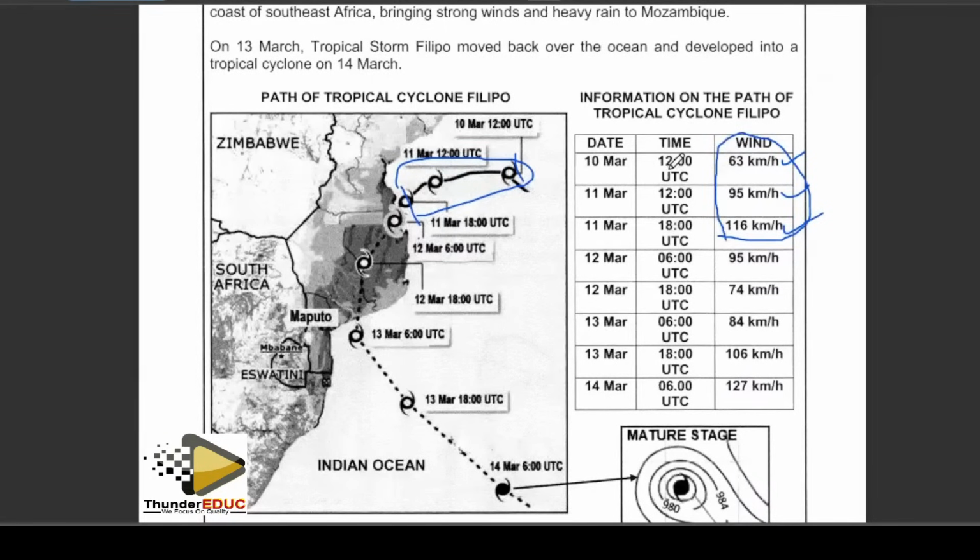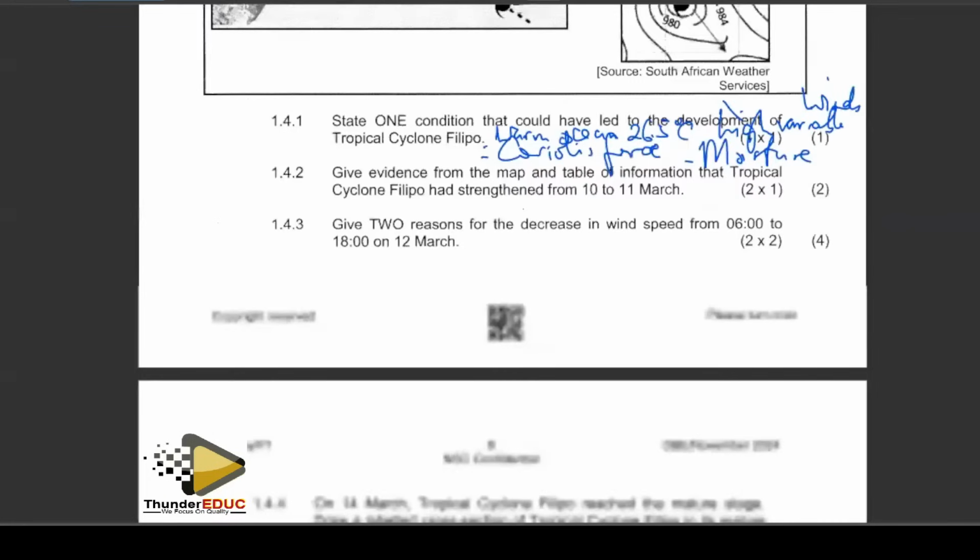From the 10th of March at midday until the 1800 hours of the 11th of March, the wind speed of the weather system was increasing from 63 kilometers per hour to 95 kilometers per hour to 116 kilometers per hour. It's also evidence from the table, which shows that the system was strengthening as it was moving in those given days. Right. Then we'll go to the next question.